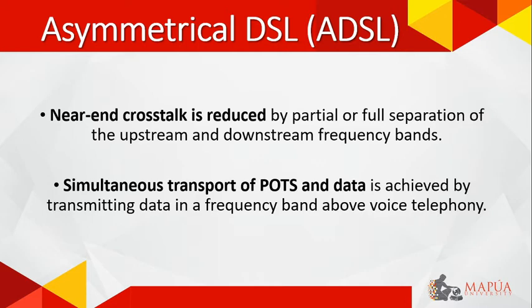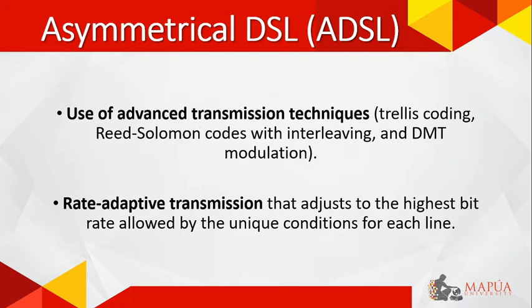Simultaneous transport of POTS and data is achieved by transmitting data in a frequency band above voice telephony. Advanced transmission techniques such as trellis coding, Reed-Solomon codes with interleaving, and DMT modulation are used in this kind of DSL. Next, rate adaptive transmission adjusts to the highest bit rate allowed by the unique conditions of each line.